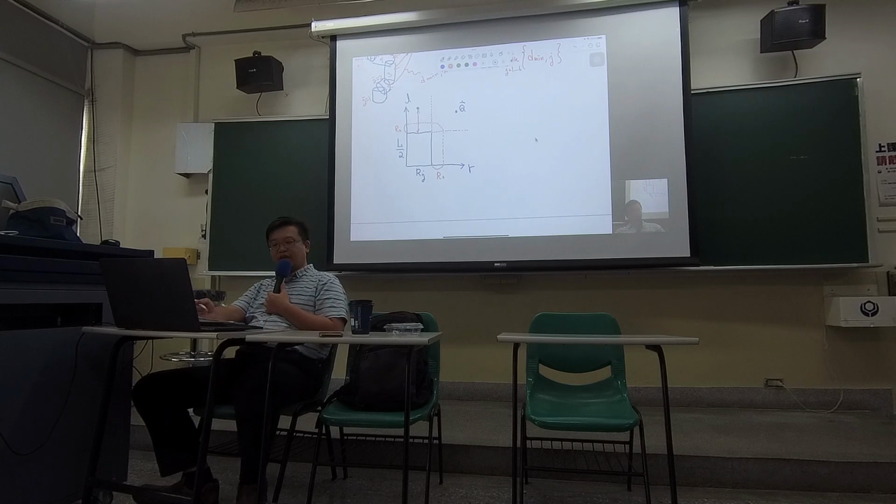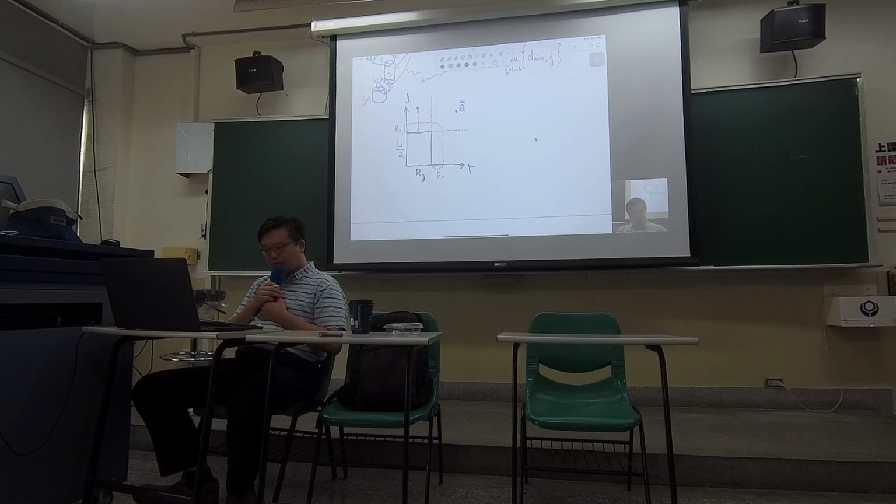Let's forget about the radius of the obstacle for now. Later on, we just need to be aware that the obstacle has a radius.